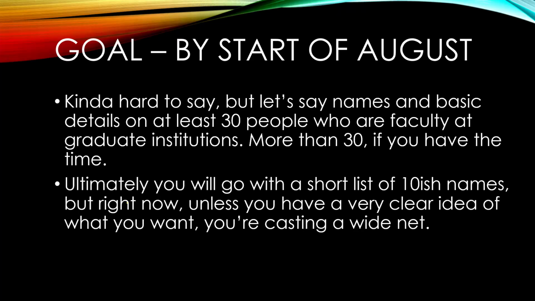It's kind of hard to say exactly what you should do, but let's say names and basic details on at least 30 people. They have to be faculty at graduate institutions. If you have the time, go for more than 30. Okay? And then later on through the summer and late summer, early fall, you're then going to winnow it down.